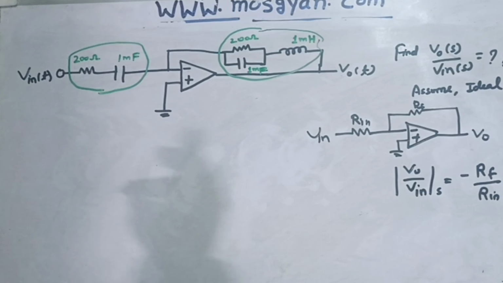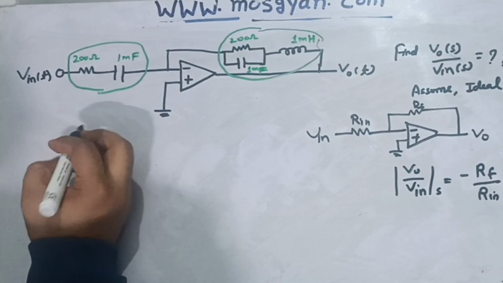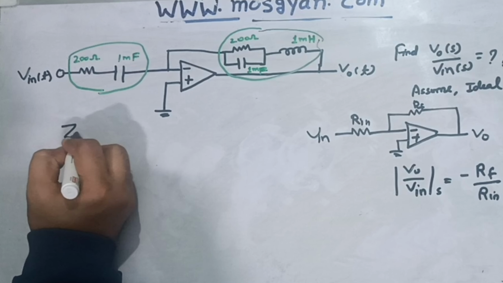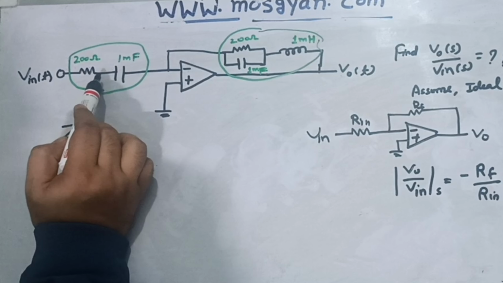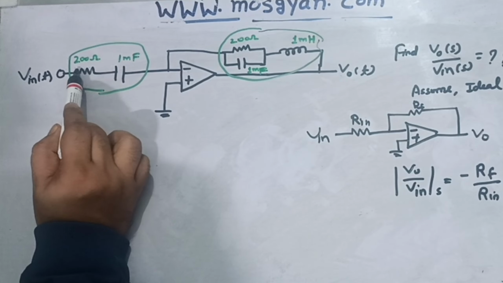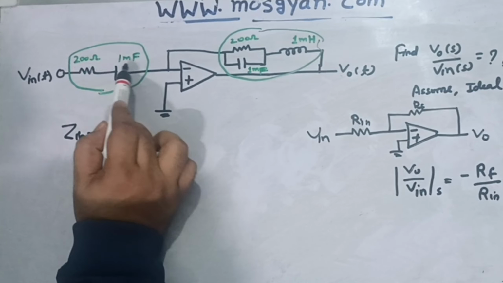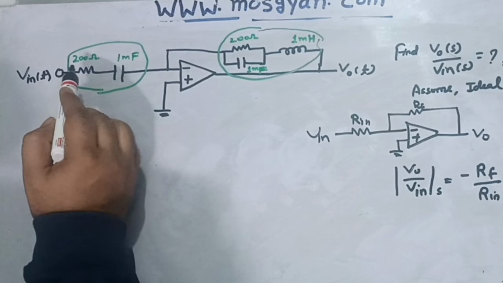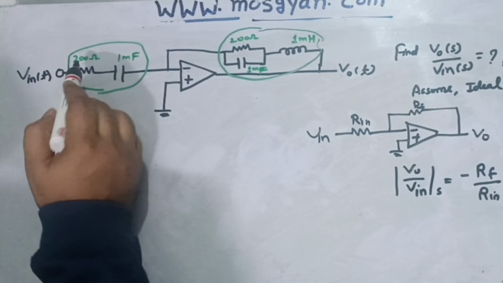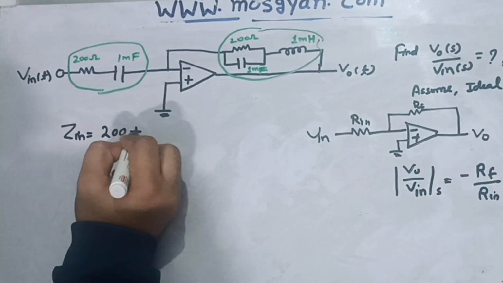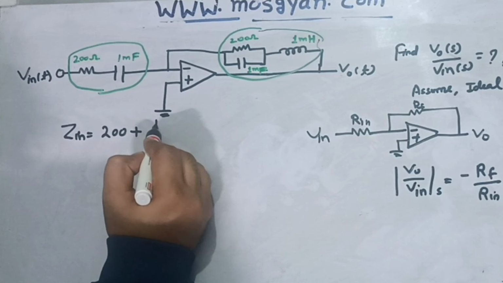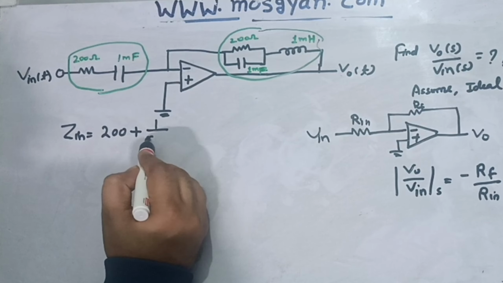If I start solving from the input part, Z of input I can write as, these two are in series, so we need to add the impedance of this resistance plus the impedance of this cap. Impedance for resistance can be directly written as 200 ohms only. Whereas for cap, we can write in terms of 1 upon SC.